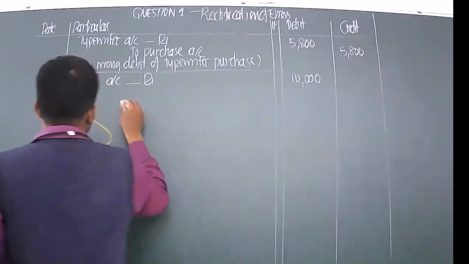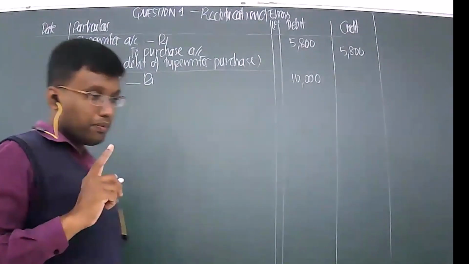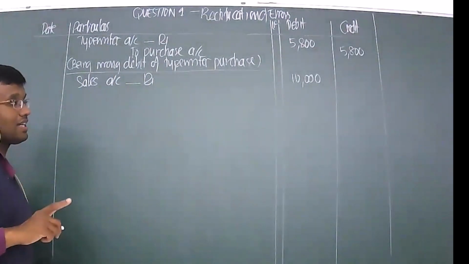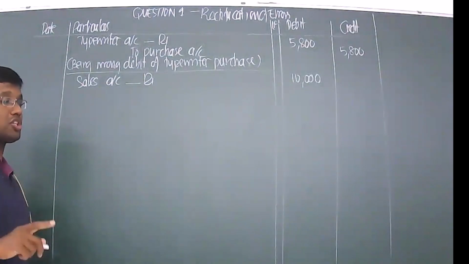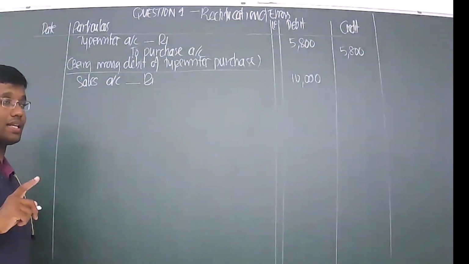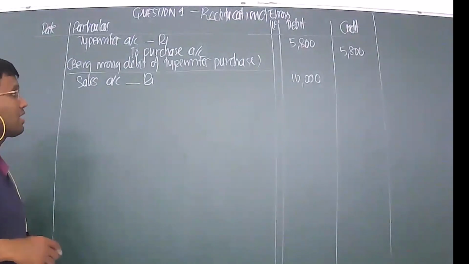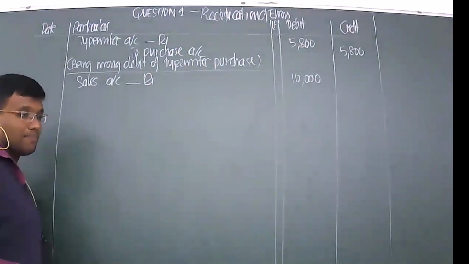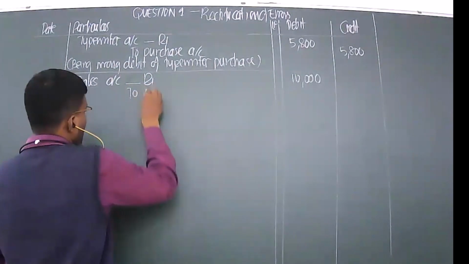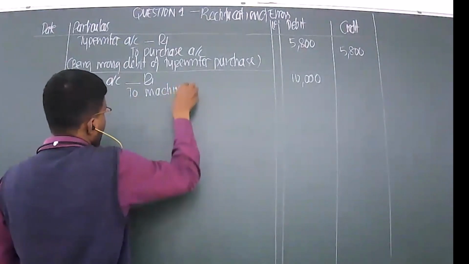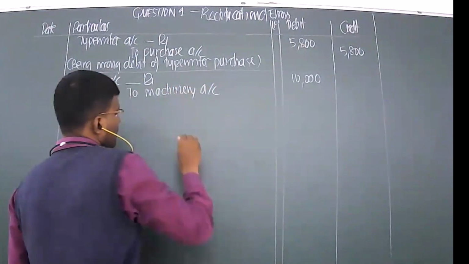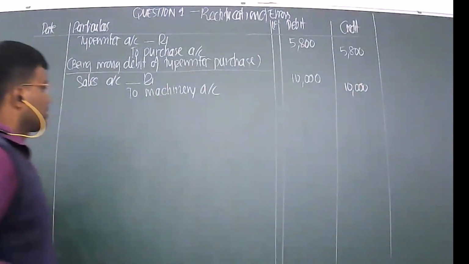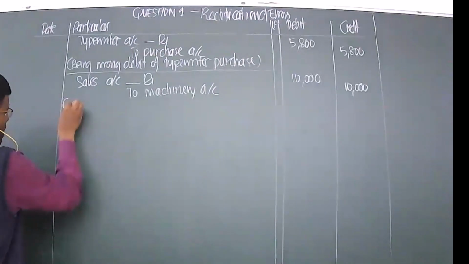Next, when you carry out a sale of machinery, it should have been credited to machinery account, but machinery account is now under credited. Under credit, how do we rectify? We rectify by crediting the machinery account. So, to machinery account, amount is 10,000.